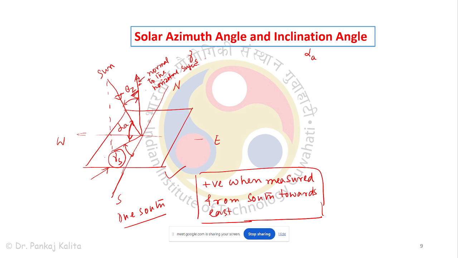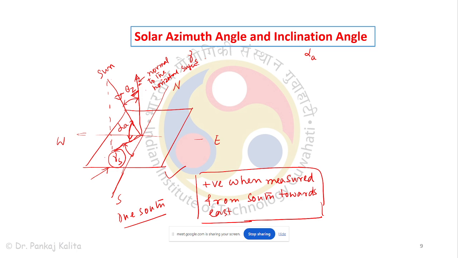The angle between the incoming solar radiation and its projection on the horizontal plane is your altitude angle. These two angles, the zenith angle and altitude angle, are complementary. And if we take the angle from this projection to due south, that will be your solar azimuth angle.